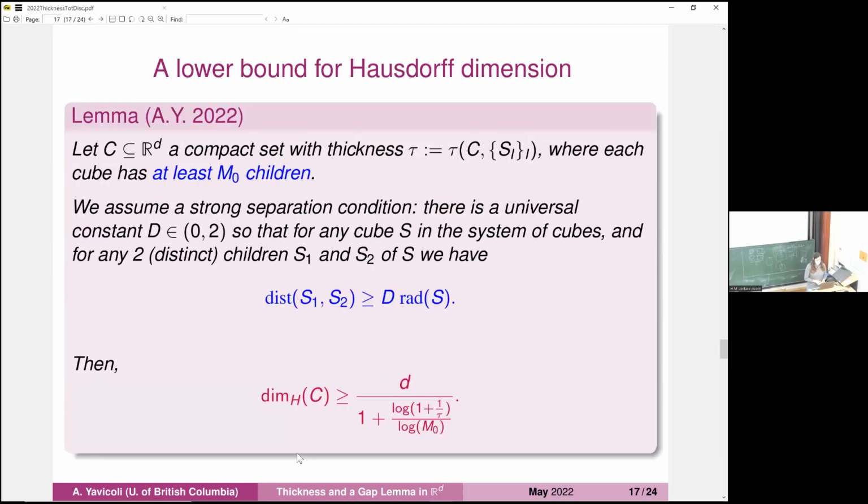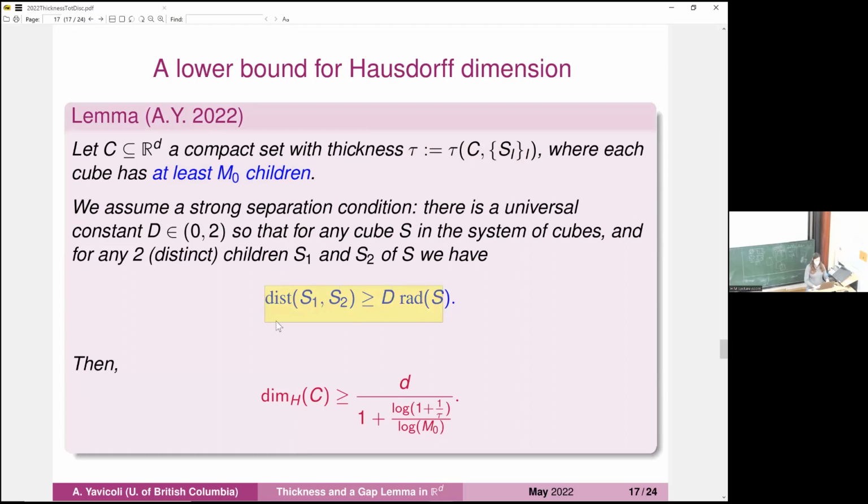Well, I was also able to get a lower bound for the Hausdorff dimension, given a compact set with thickness tau, where each cube has at least M0 children, and we assume a strong separation condition.